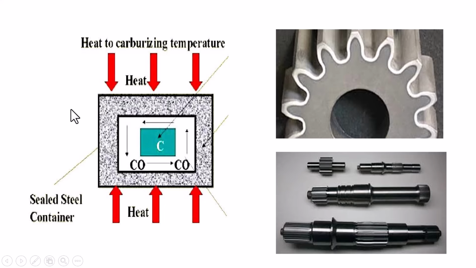Here you can see all the processes like carburizing, nitriding, cyaniding, and carbonitriding are the same in the manner of doing the work. There is a container, an insulated container. We apply heat, and the component is placed inside this container, at the center.